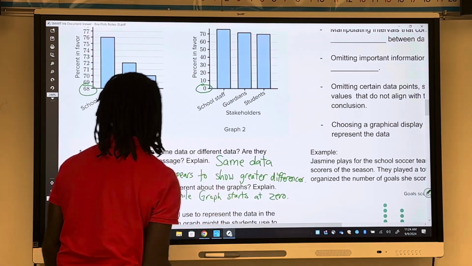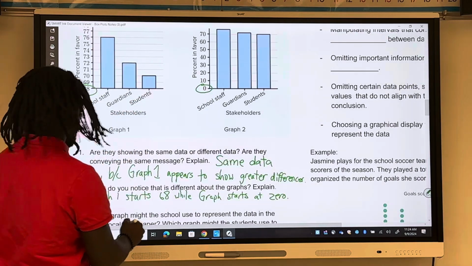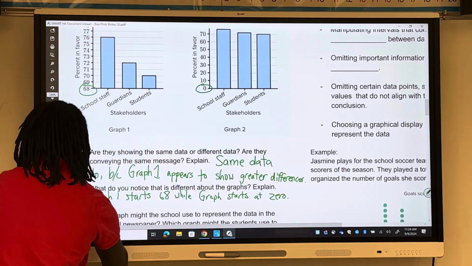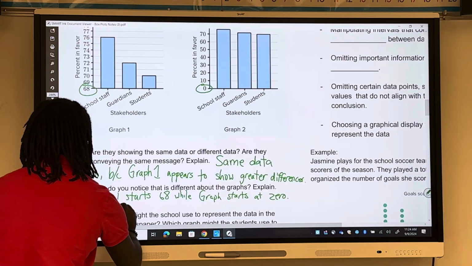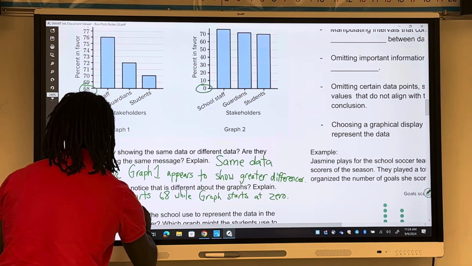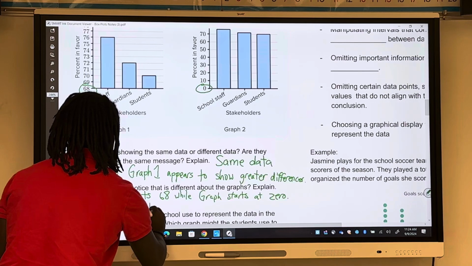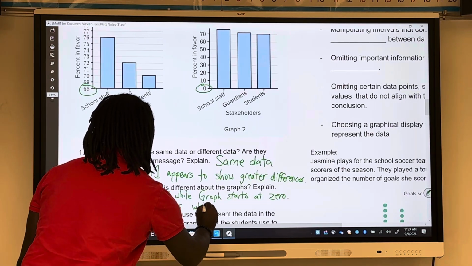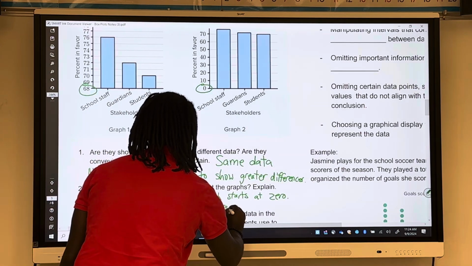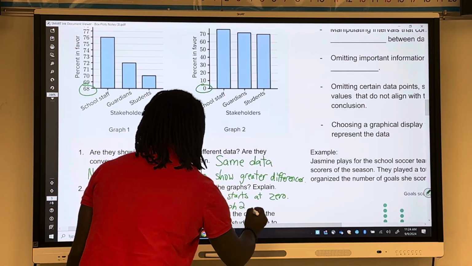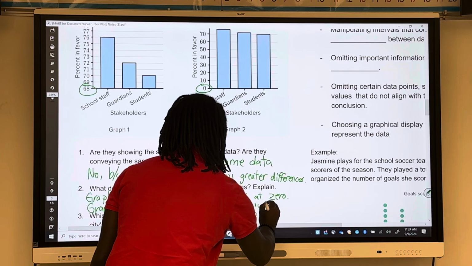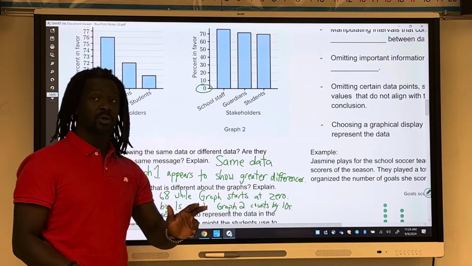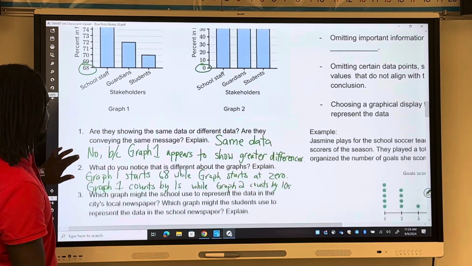Also, the intervals are different. Graph 1 counts by ones, while graph 2 counts by tens. So again, those are some of the differences.